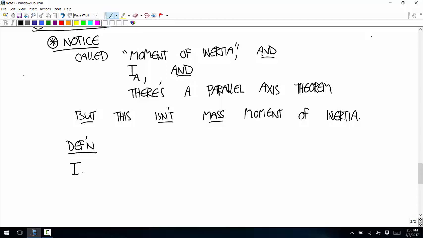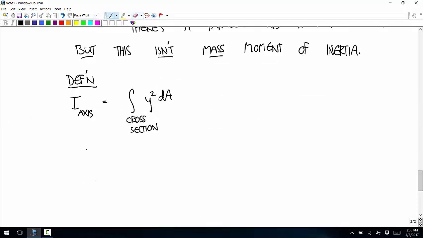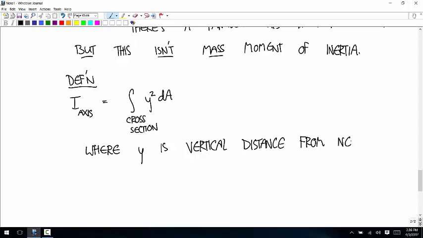Anyways, the area moment of inertia about an axis is the integral over the entire cross section of y squared dA, where y is the vertical distance from the neutral axis to the infinitesimal area dA.